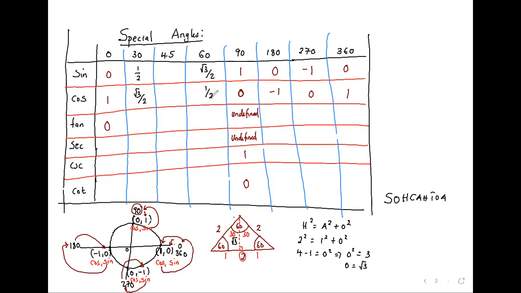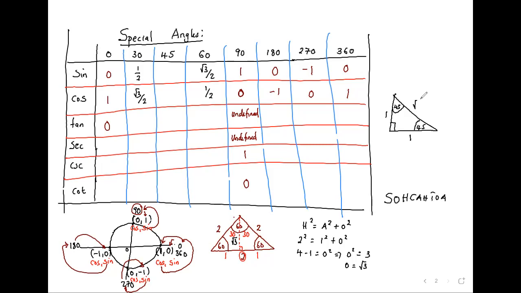We're remaining with 45. 45 also has its own triangle where the sides are equal, the adjacent and the opposite. And this is 45, meaning even there it's 45. This justifies why we're saying these two angles are equal. Then now if you square the side, we get 1 squared plus 1 squared, that's 2.